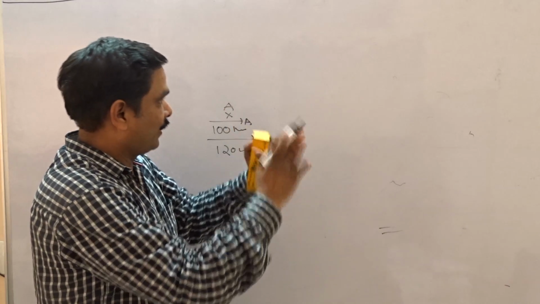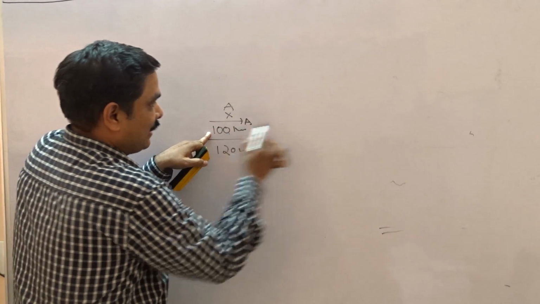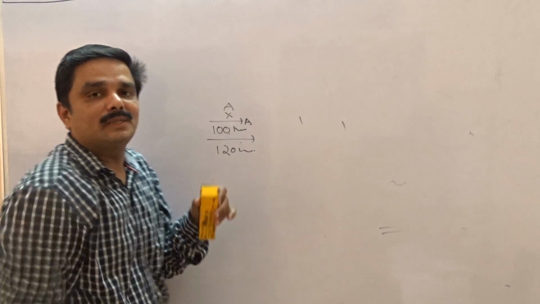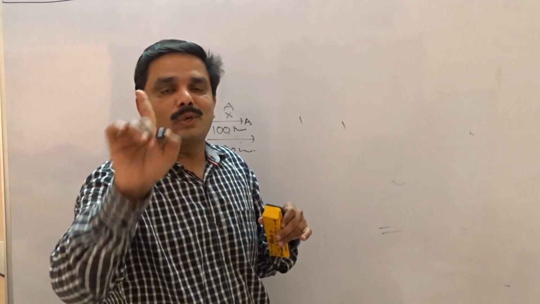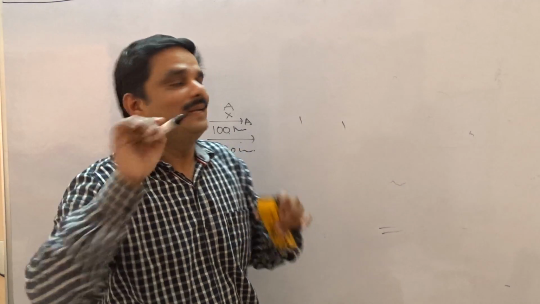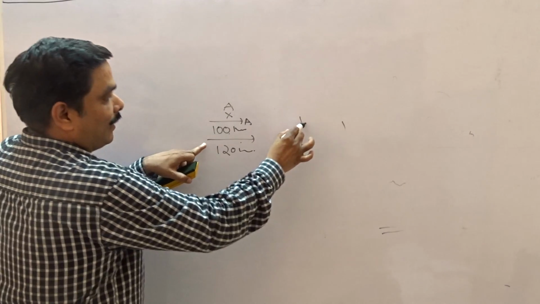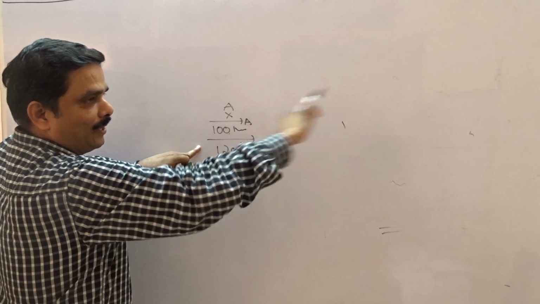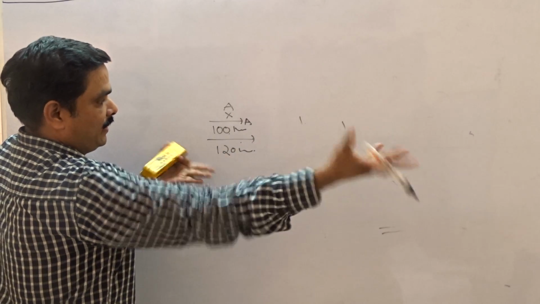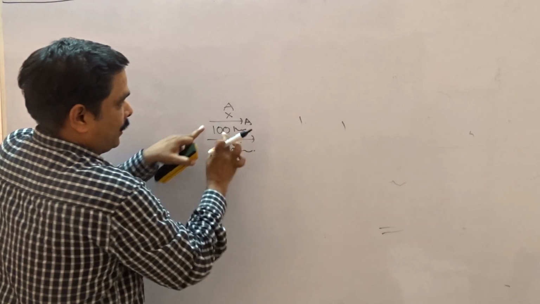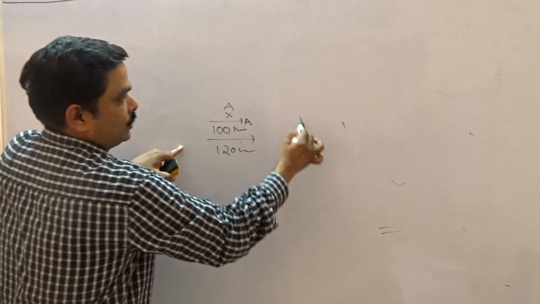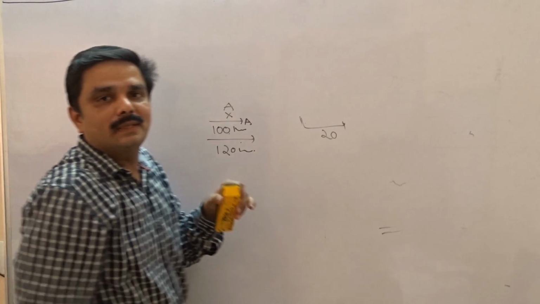In 1 hour, this train can travel 100 kilometers, and this train can travel 120 kilometers, provided the trains are not stopped anywhere in between. So what happens then? After 1 hour, how many kilometers apart are these two trains when they are going in the same direction? Obviously we can say 20 kilometers apart, because the first train is here and the second train is here. The difference between these two is 20 kilometers.